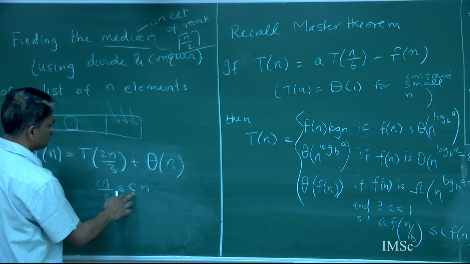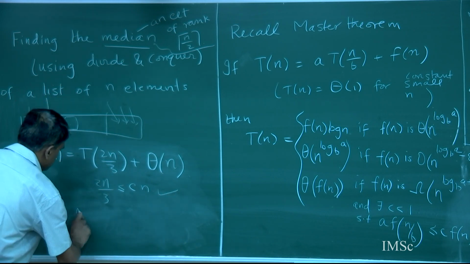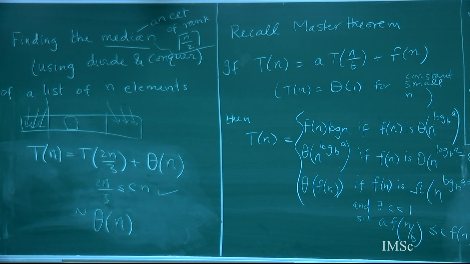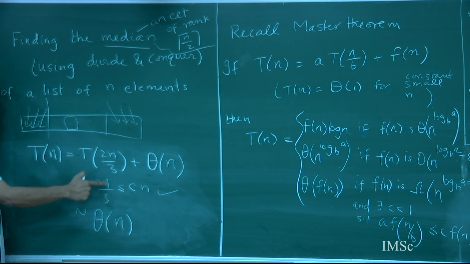I want this, and so pick c to be 2 by 3. So this solves to theta n. Okay. So now this is what I'm going to get hold of. So what is this recurrence saying? That in linear time, if you manage to throw away a fraction of elements, in this case 1/3 of the elements are thrown out and you're recursing into 2/3 of the elements, but you can replace it by any fraction less than 1.